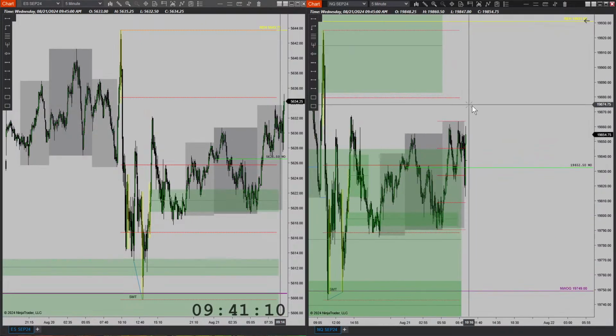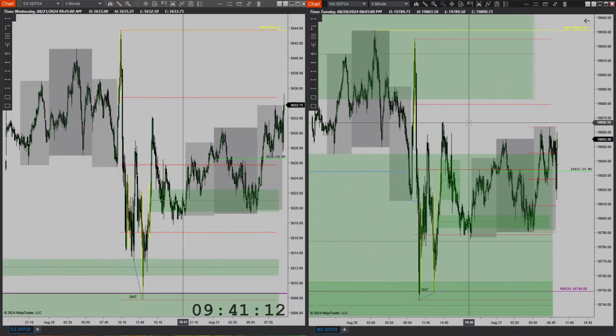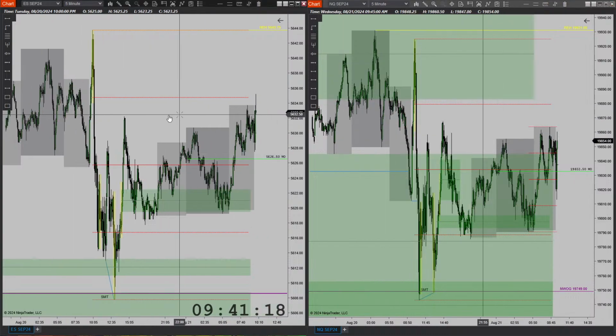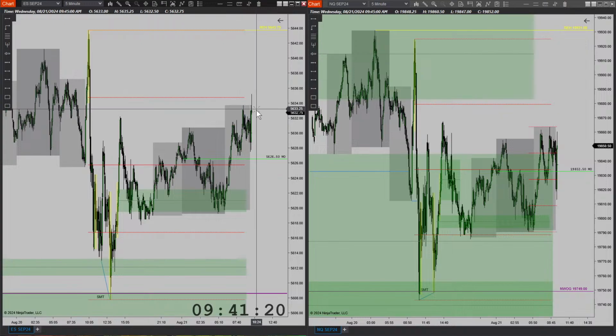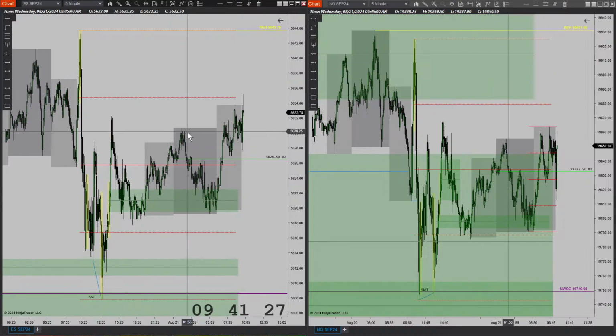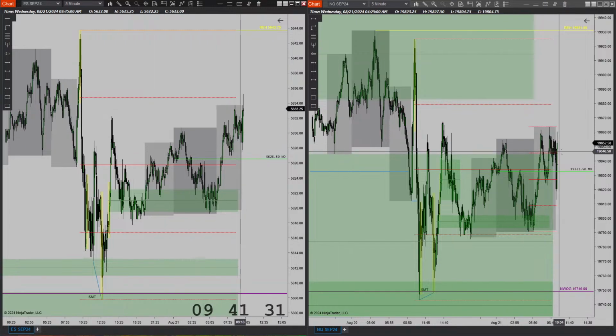Because again, the objective on NQ was that I wanted to see these relative equal highs get swept. But obviously it didn't here. On ES, it already did. So now what I'm looking for is more structure. I want to see the same thing I saw here, now.